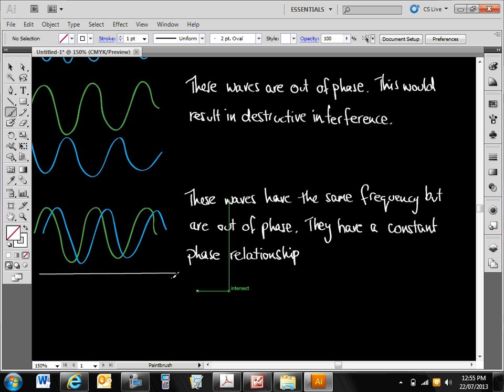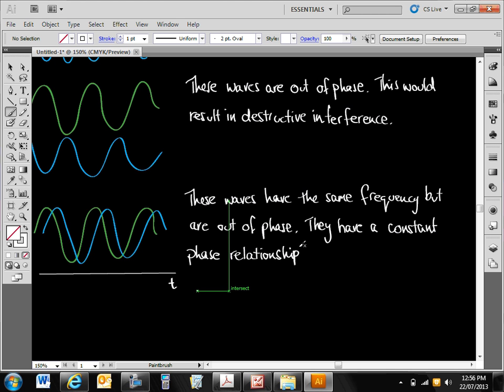So this might be time t. At any point in time t, I can choose to see what's going on with those two waves, and I will see that they still have a phase relationship which is different by a quarter of a wavelength or thereabouts.